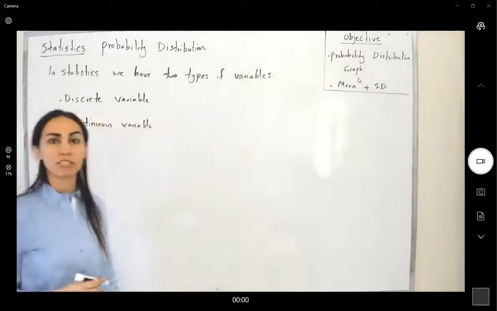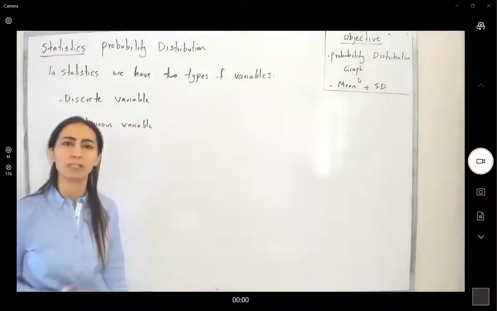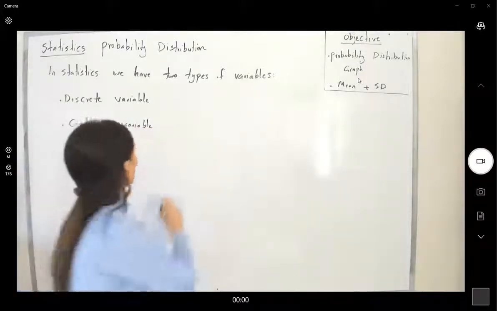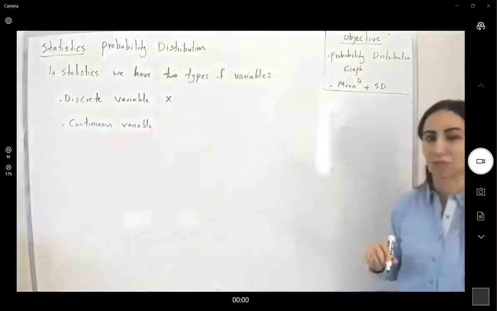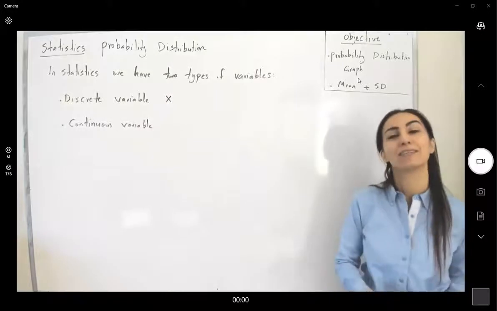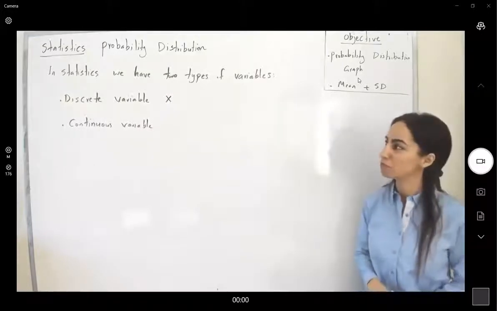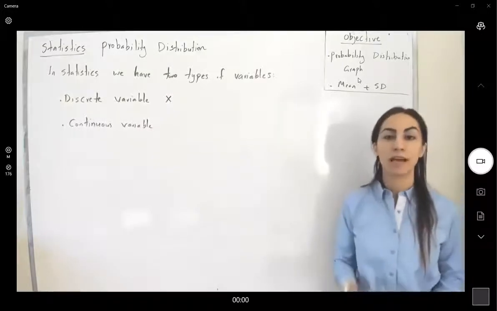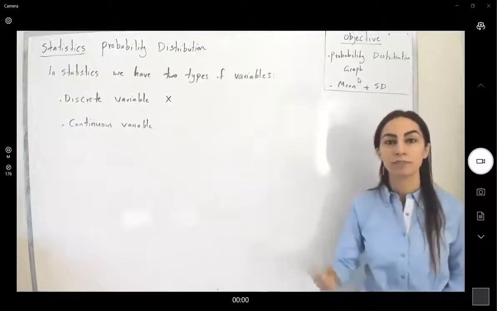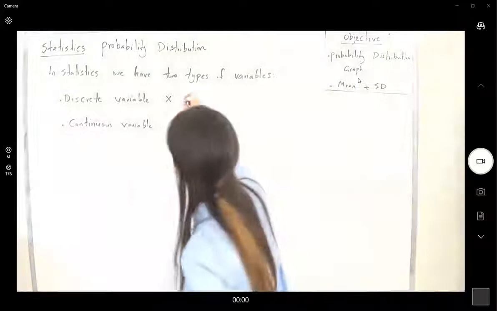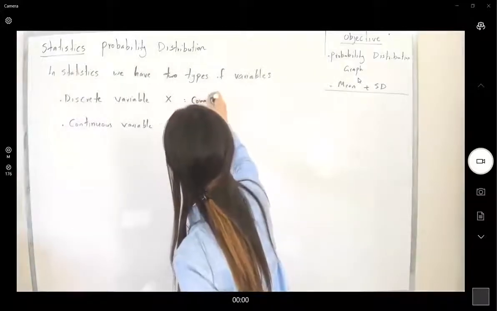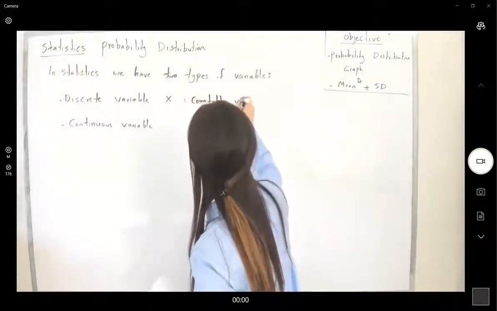So what's the difference between a discrete variable and a continuous variable? A variable is denoted by x, you can use t, y, any other variables that you want. A discrete variable x is a variable that you can actually count. This is a countable variable.